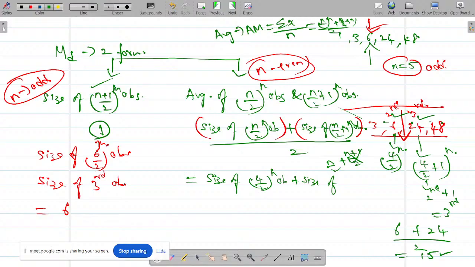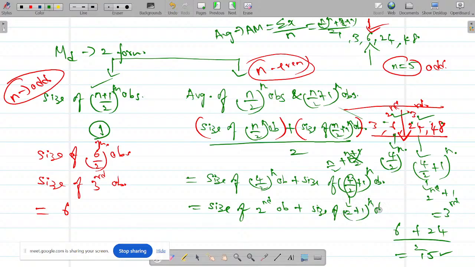So n by 2, 4 by 2, then add 1. 4 by 2 is 2, normal division, the second observation, plus 2 plus 1, which is the third observation. So the second observation, 6, plus the third observation, 24. See, I'm getting this point.